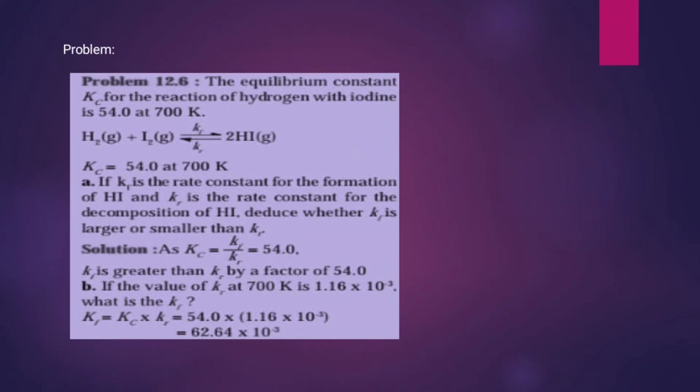As we know, Kc, the equilibrium constant, equals Kf upon Kr, which is 54, given over there. Then Kf is greater than Kr by a factor of 54.